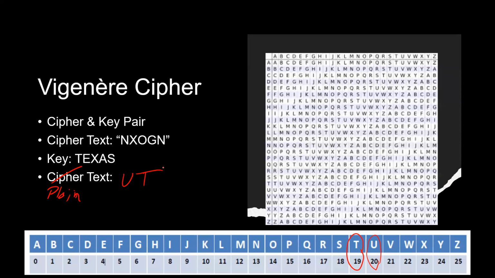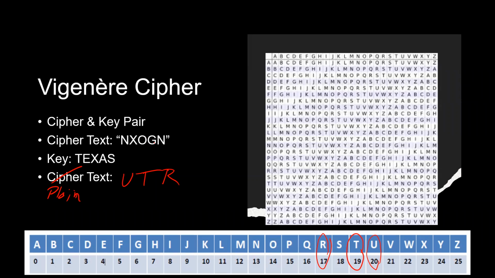T. X. Start at X. Wait, sorry. Using X. X is 23. So 1, 2, 3, 4, 5, 6, 7, 8, 9, 10, 12, 14, 15, 17. Great. R.